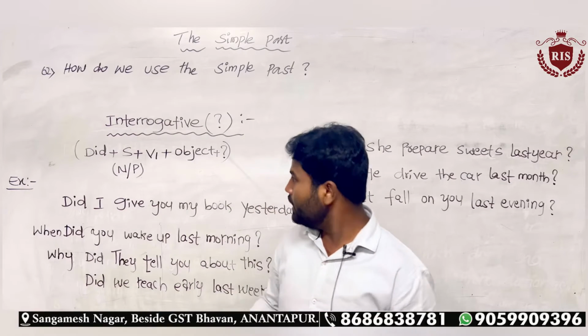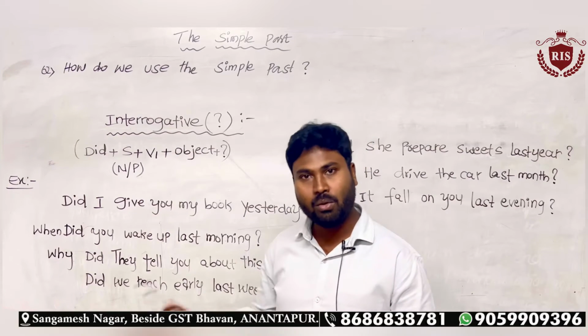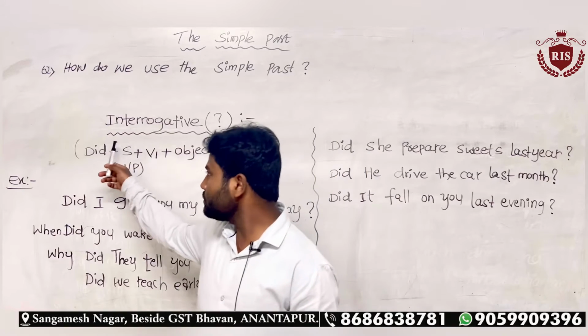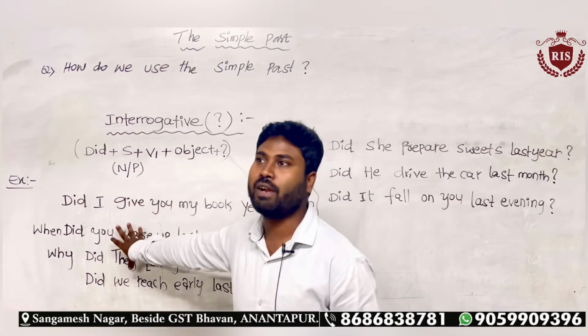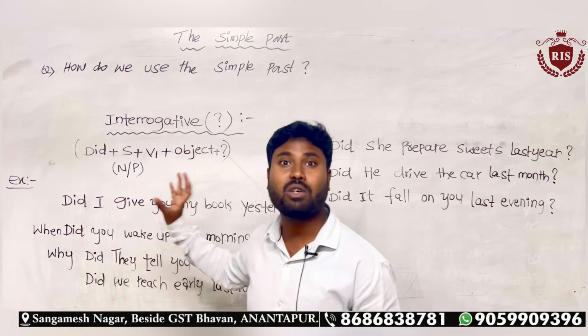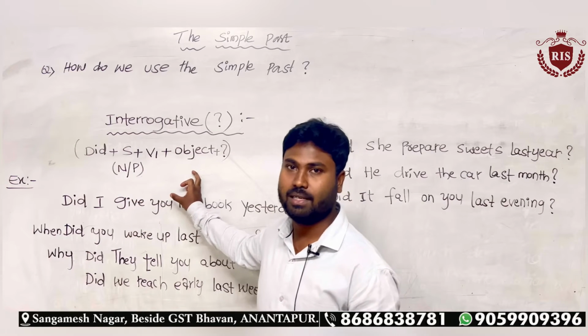past. Usually how do we frame a question in the simple past? It is an interrogative, right? Interrogative is known as a question. Now again we have a certain formula to frame a question, not a sentence.